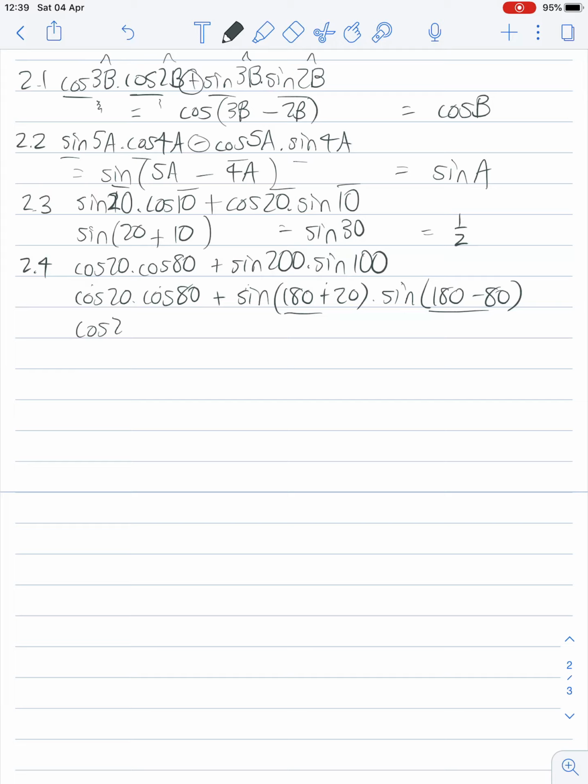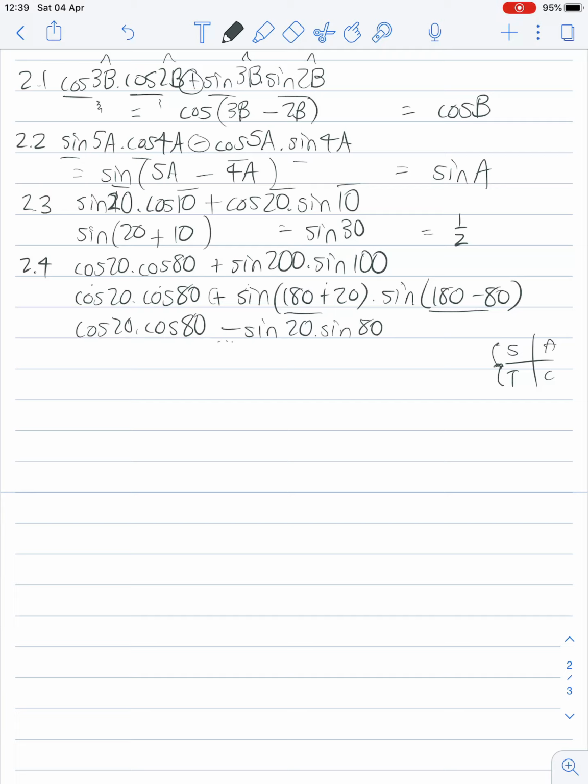So once again, the cos 20 cos 80 is doing nothing, but now 180 plus, remember we're in our CAST diagram. 180 plus is going from there and you're going into the third quadrant. So that is not sine's quadrant, it's tan's quadrant. So that there reduces to negative sine 20, right? So your plus there has changed to a minus. Okay, and then the last piece, sine of 180 minus 80, you're going into sine's quadrant. So that becomes sine of 80.